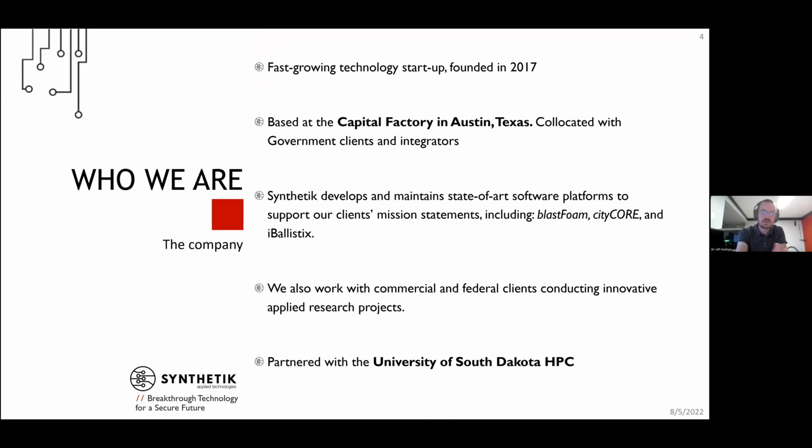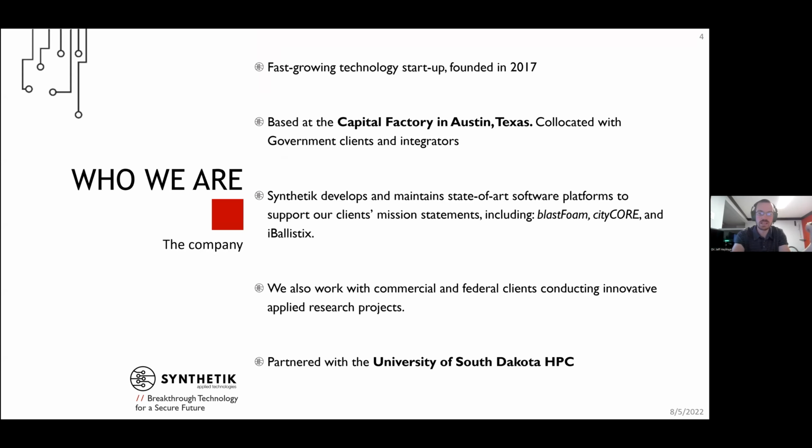Okay, so a little bit about us. BlastFoam is developed by Synthetik Applied Technologies. We were founded in 2017. Currently, we're based out of the Capital Factory in Austin, Texas, so we're located with a bunch of other government clients as well as other integrators. And really what we do is we develop and maintain state-of-the-art software platforms.